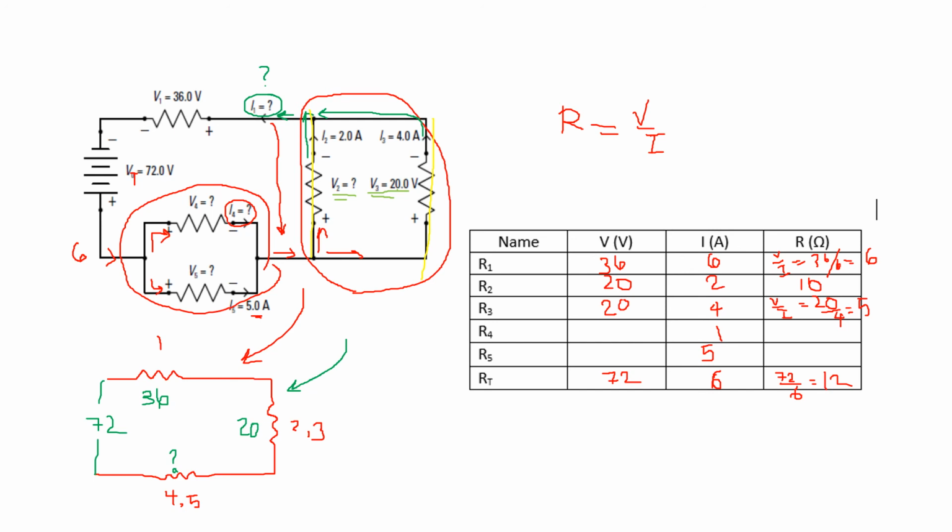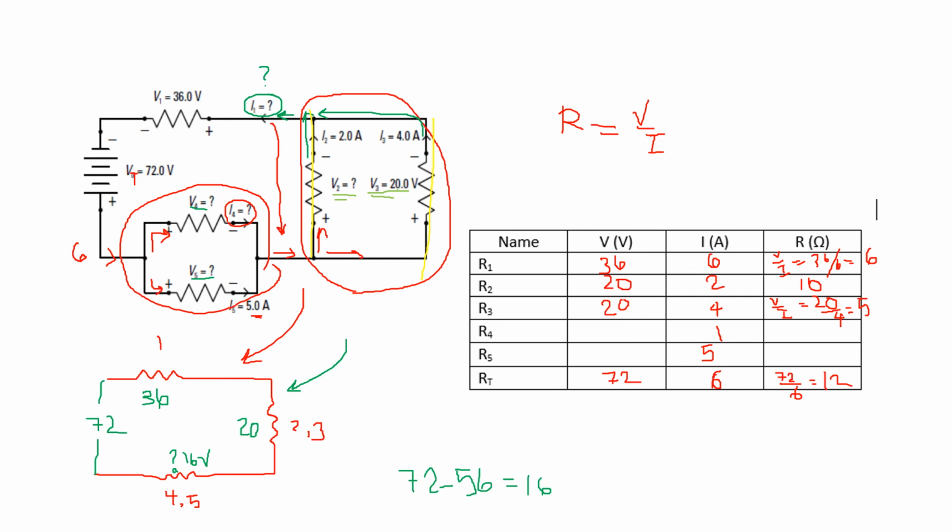So now, this is a series circuit, so 36 plus 20 is 56. So technically 72 minus 56 will be the voltage for 4 and 5. That's 16. So this will be 16 volts, which means V4 will be 16, V5 will be 16.